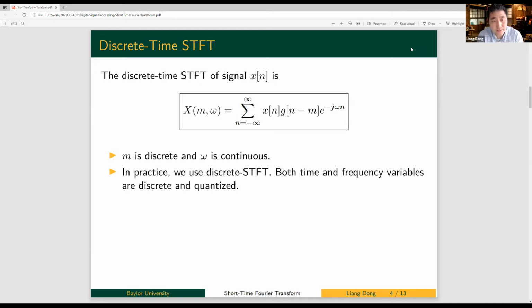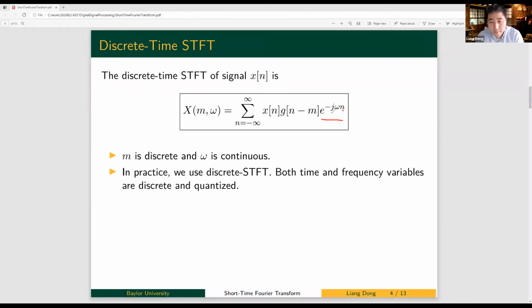Now, if I have a discrete time short-time Fourier transform, we know we change the integration to a summation. Then the time index t becomes a discretized n, where n is an integer. And then the kernel for the Fourier transform becomes e to the power of negative j omega n. So we change t to n, but we keep omega.